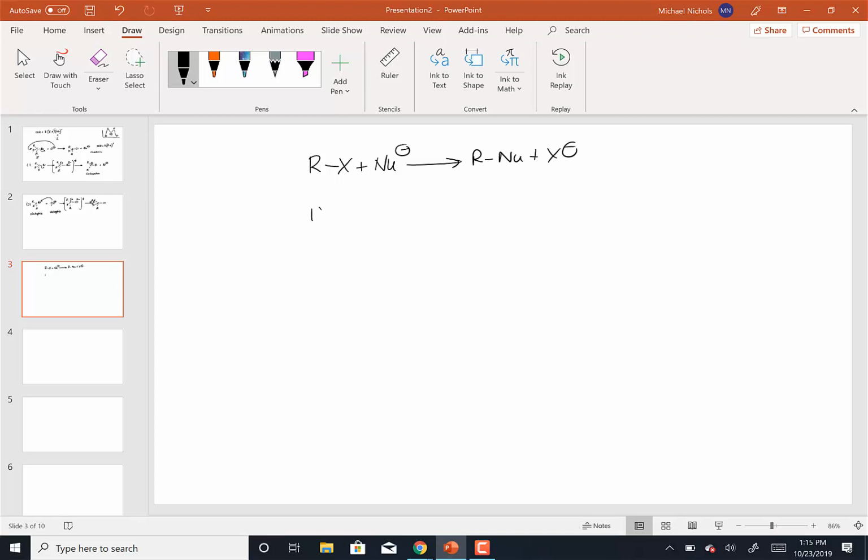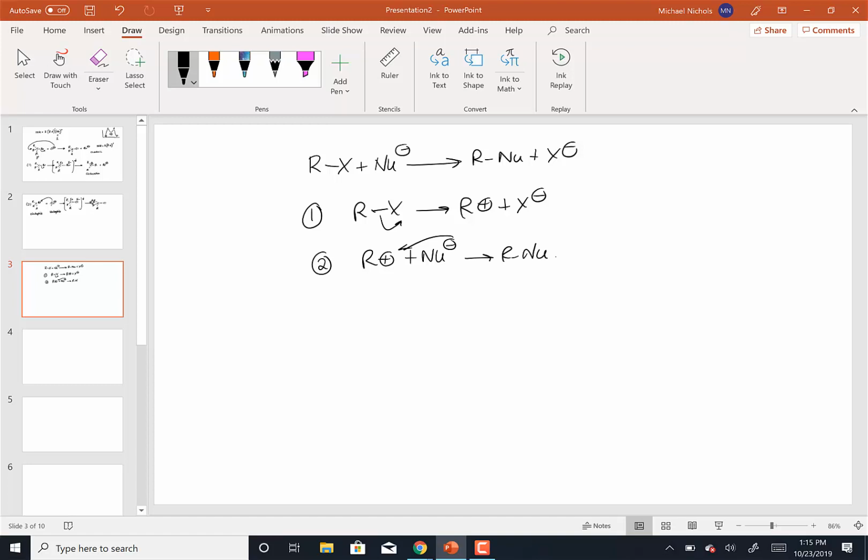And step one will be to have the alkyl halide bond break to form the carbocation and the X minus. And then the second step will be for the carbocation to react with the nucleophile to form the final product. The overall rate equation up here, just to complete it, was that the rate was dependent upon the concentration of the alkyl halide to the first power.